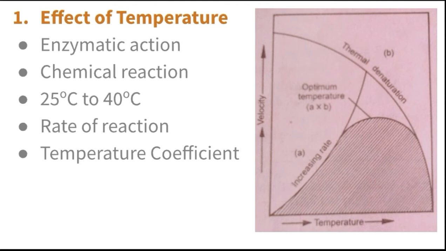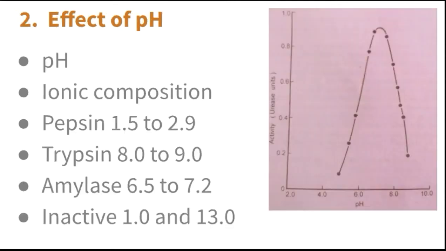Next is the effect of pH. Every enzyme has its own optimum pH, and it varies according to the nature of the enzyme.